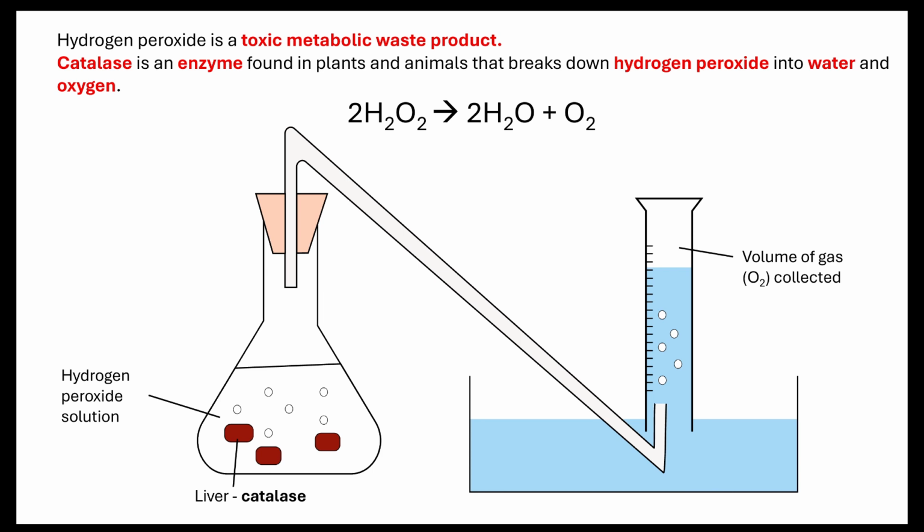In this case, because we're talking about breaking down hydrogen peroxide, the volume of gas being collected is oxygen. I can use liver, or I could use potato, for example. They do like to give you a practical where it's either about liver or about the potato.